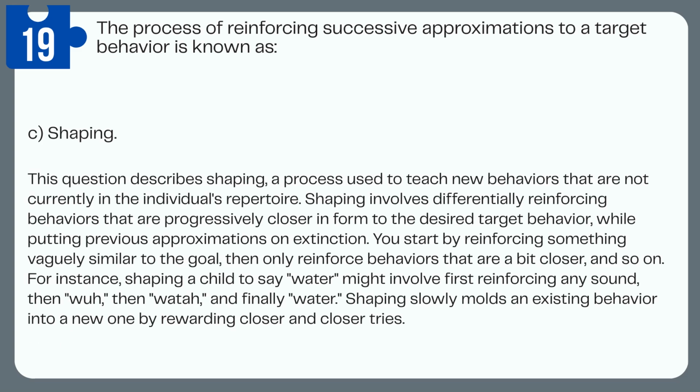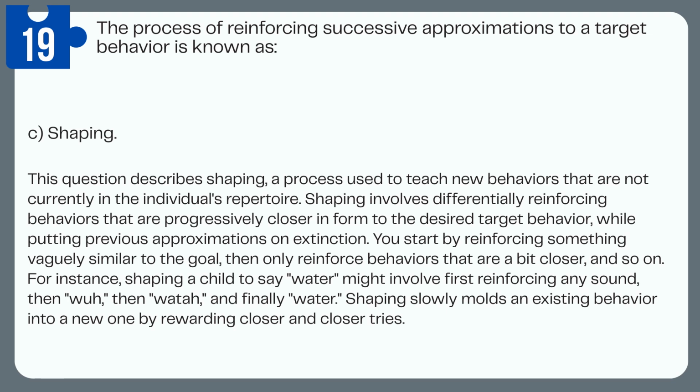Answer. C. Shaping. This question describes shaping, a process used to teach new behaviors that are not currently in the individual's repertoire. Shaping involves differentially reinforcing behaviors that are progressively closer in form to the desired target behavior.